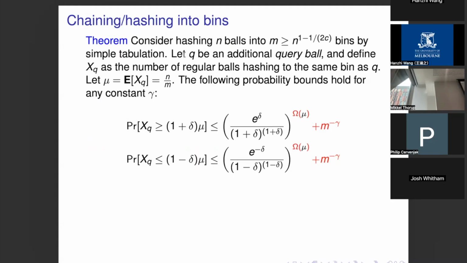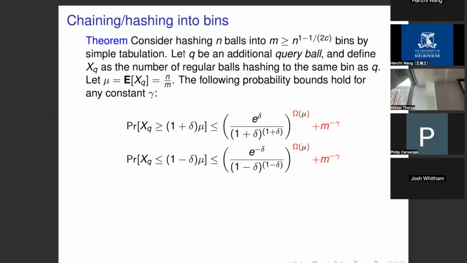And if it had been perfect randomness, then the red stuff would not exist. But with simple tabulation, what we have is that the probability decays exponentially, but at a slower rate. So it's not quite divided by mu, it's divided by something less than mu, a constant factor slower than it should be.